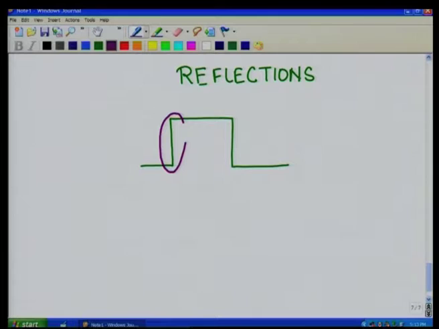Even though your clock frequency may be low, this part is a very high frequency.